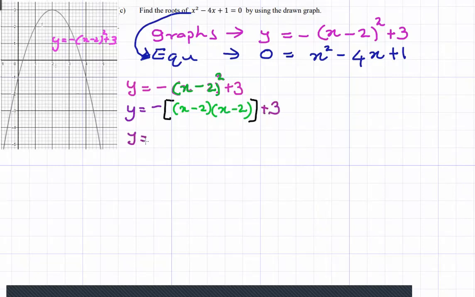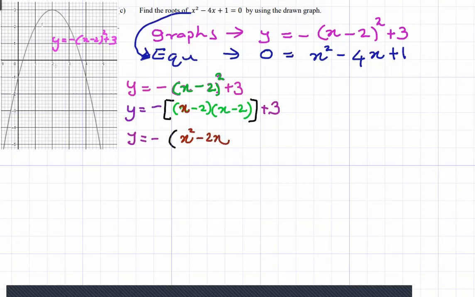So then what do you get? Y equals minus times. How do you multiply x minus 2 by x minus 2? First you multiply x minus 2 by x. What is x times x? X squared. X times minus 2 gives you minus 2x.